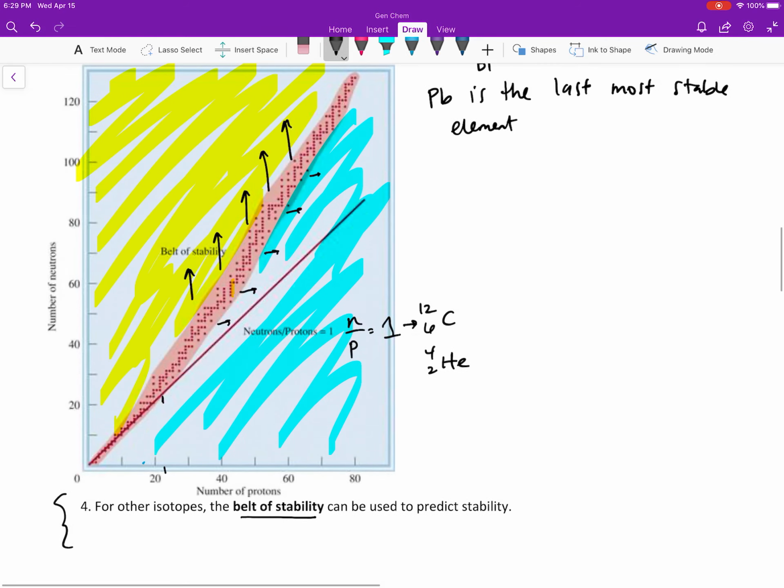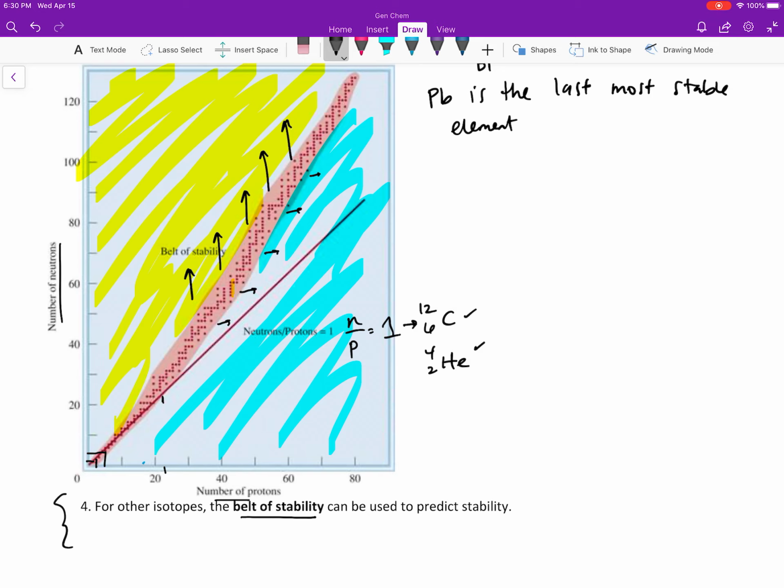Now we can use the belt of stability and the location of the atoms on the graph to predict whether or not it's stable. So you're going to see that carbon-12 is probably, because this is number of neutrons versus number of protons, carbon-12 is going to be over here somewhere, 6-to-6. Helium, 2-to-2. So we see that these lie on the belt of stability, and so we would predict them to be stable.